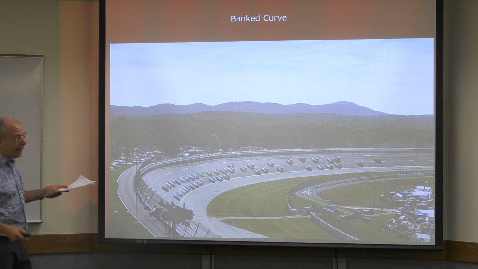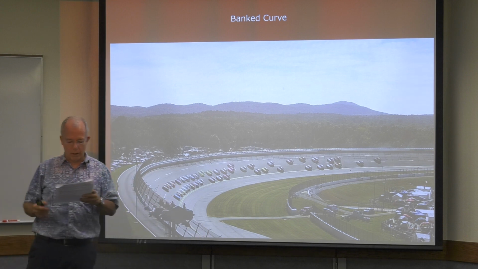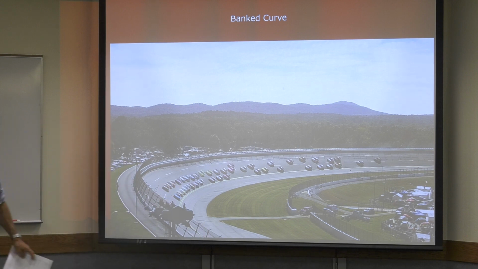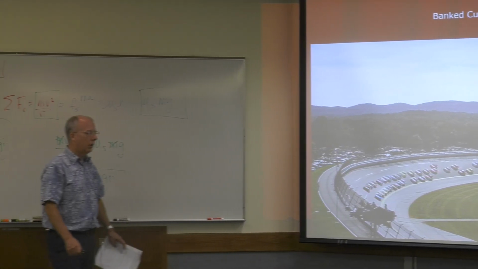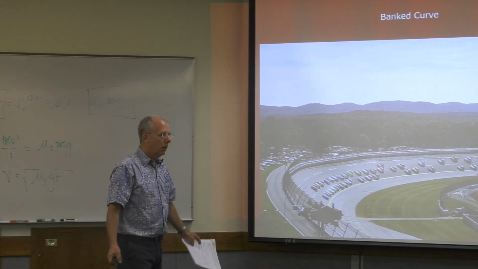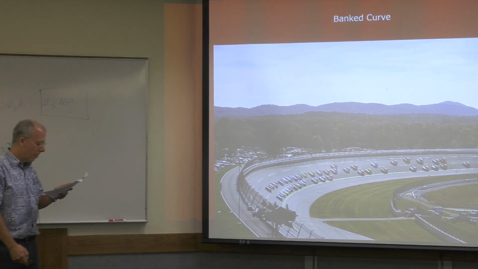Whoa! Once again, Newton's laws say that you're going to keep going in a straight line at constant speed unless there are external forces acting on you. So what are the forces acting on you?